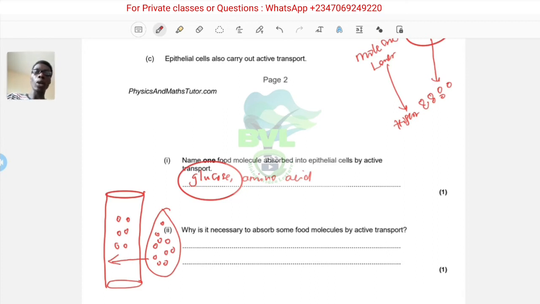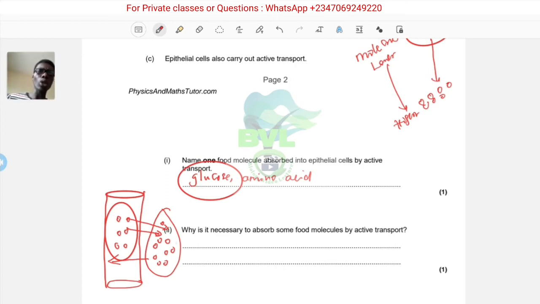So instead of using diffusion, the body uses active transport like that, saying that even though you have 6 molecules in the blood and you have 10 in the cell, active transport, which came from evolution, demands that you still take in from where you have fewer to where you have more molecules.